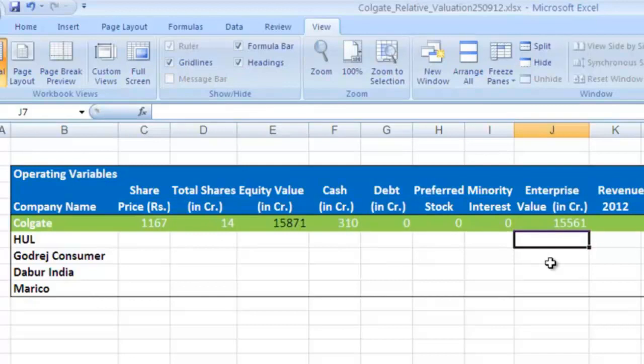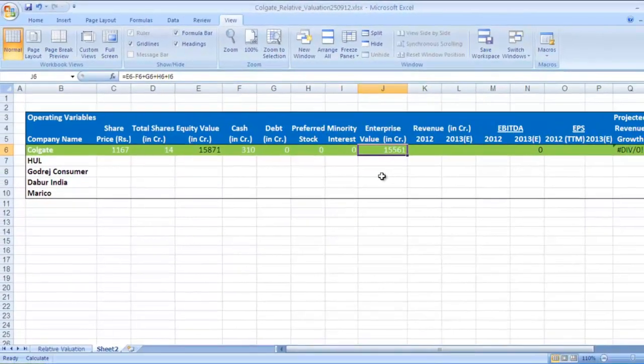Enterprise value is important if any acquirer would like to acquire this company, and this value is very important in mergers and acquisitions. So this is how enterprise value is calculated.